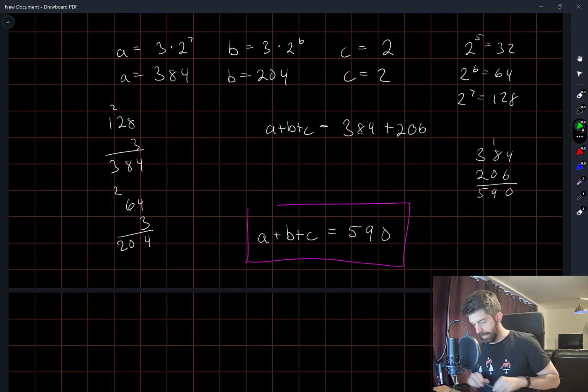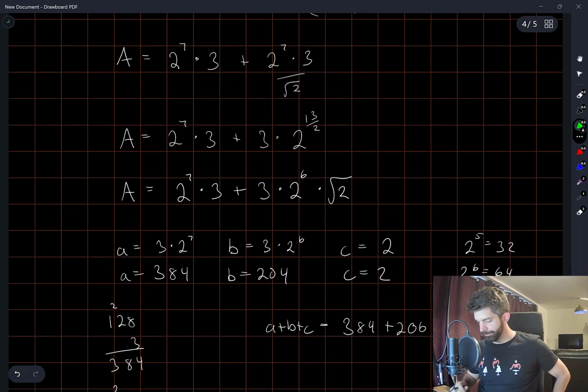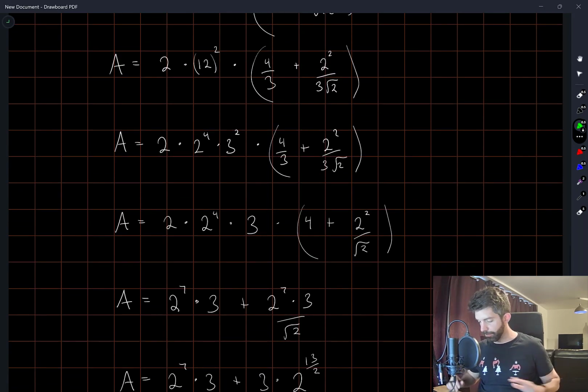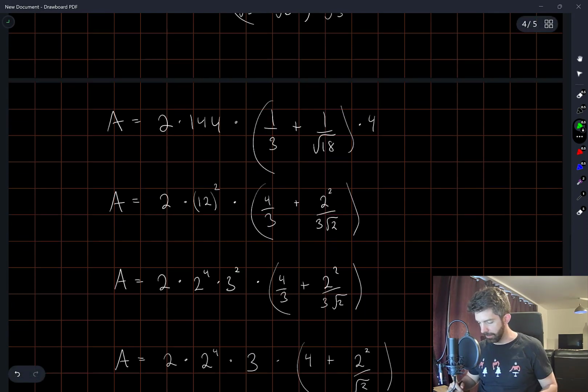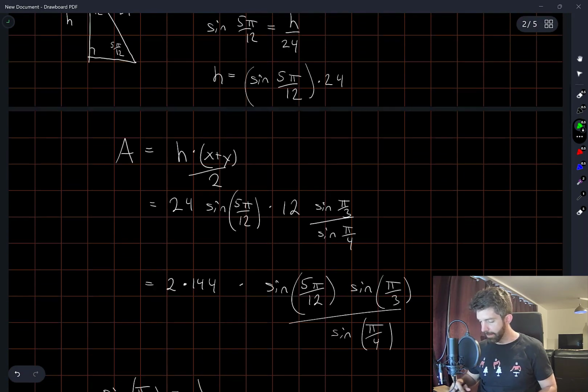Okay, I have finally come to an answer of 590. That is a plus b plus c. I'm not going to go through this in too much detail in terms of trying to check the work myself, because this was such a tedious and annoying problem.